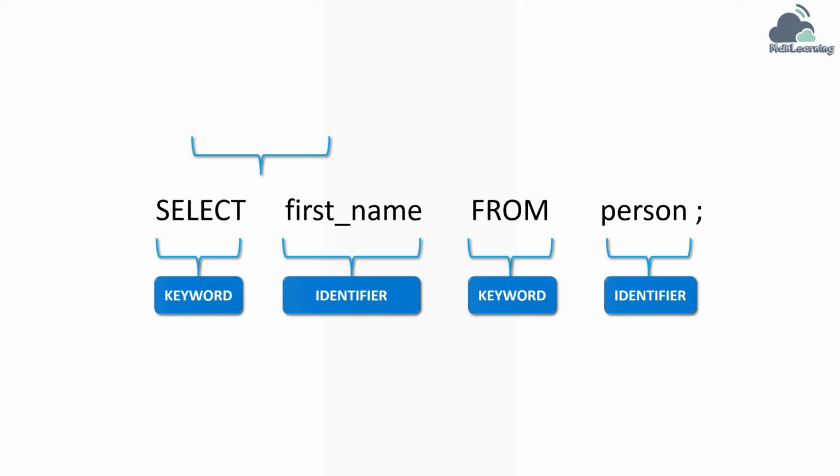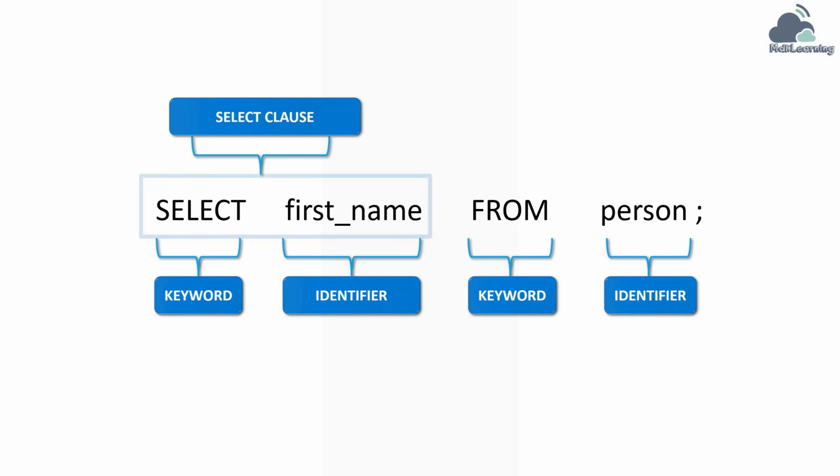Now, we can break this down in other ways as well. SELECT first_name is what we refer to as a select clause. So every SQL statement can be broken down into individual tokens, like keywords and identifiers, and also individual clauses. And so we can look at it in either way. In this case, the select clause tells the database what it is that we want.